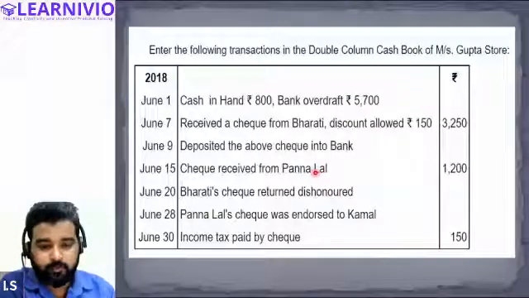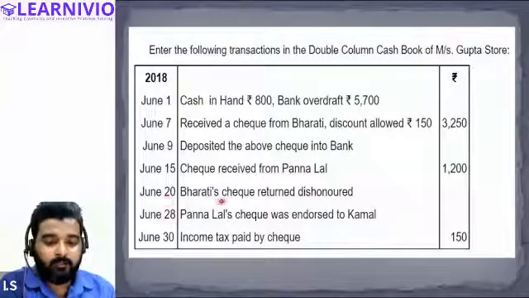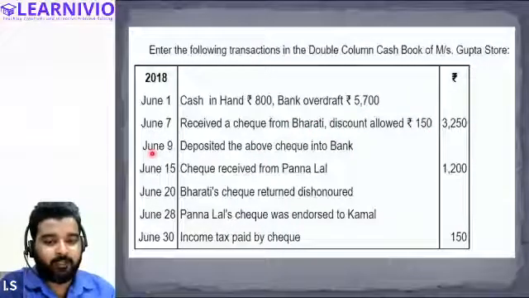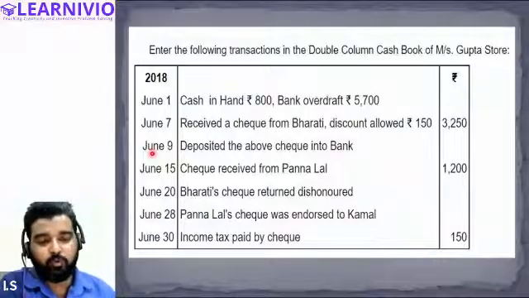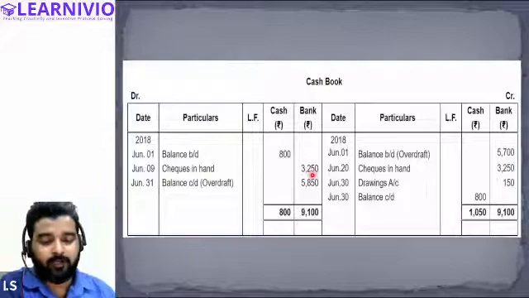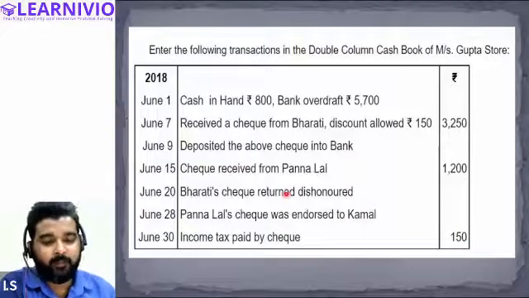Okay, sir. On June 20, Bharti check returned dishonored. See, Bharti gave us this check of 3,250 and we deposited it on the 9th into the bank account by passing the entry check in hand account 3250. But now the bank is denying the payment because this check has been dishonored.